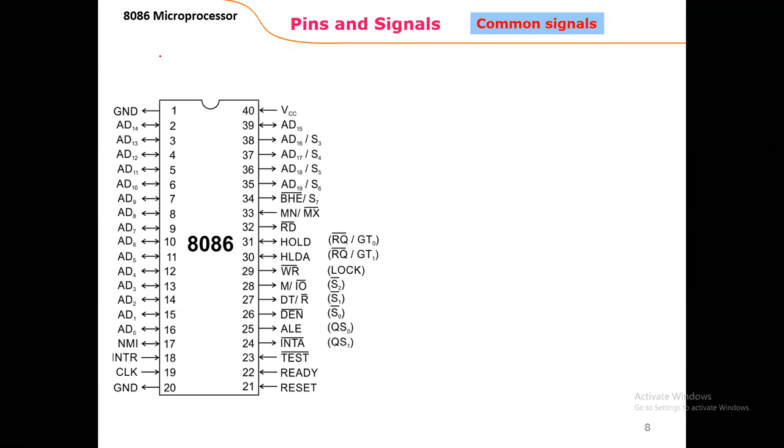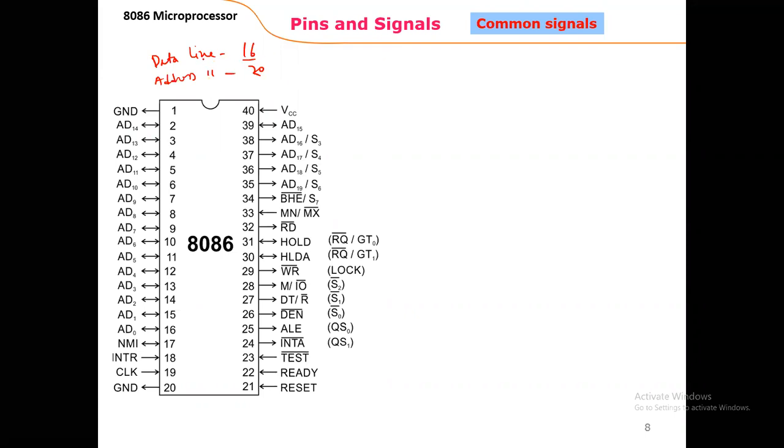So the data lines are 16 and the address lines are 20.